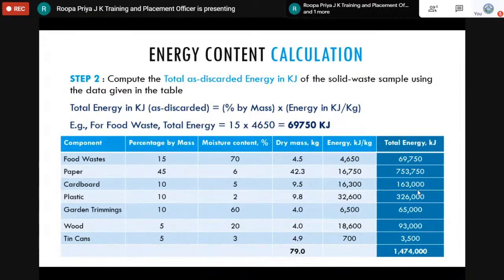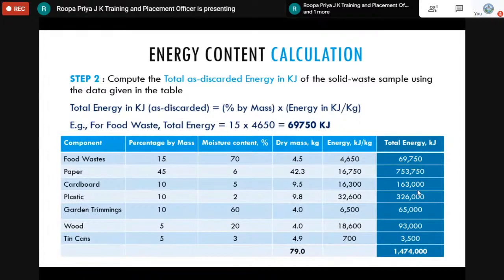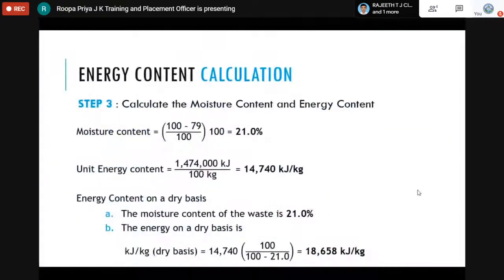According to this problem, you have dry mass as 79 and you have the total energy content as 1,14,74,000. Find out the moisture content. The simple calculation again, the moisture content is equal to (100 minus 79), which is the total dry mass present in the sample of municipal solid waste, divided by 100 into 100.